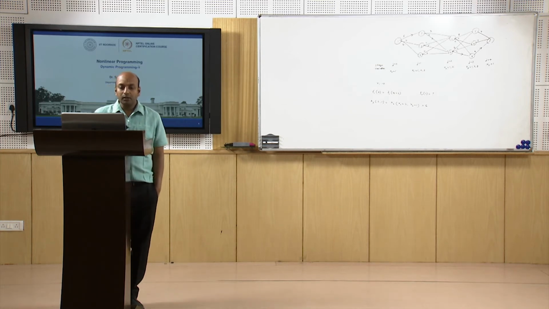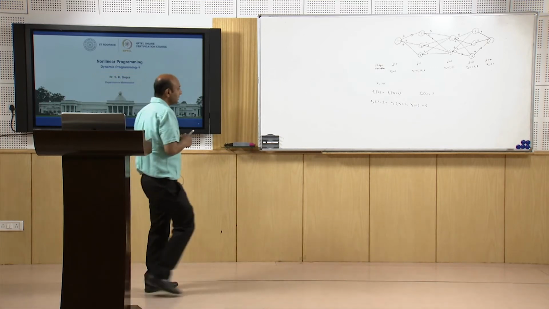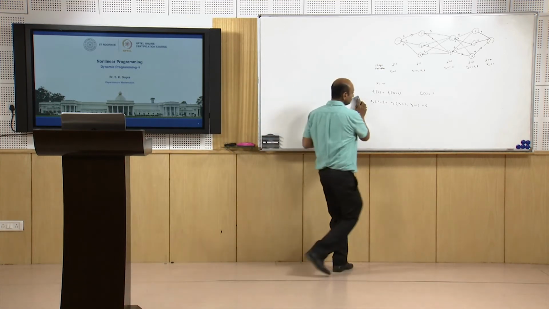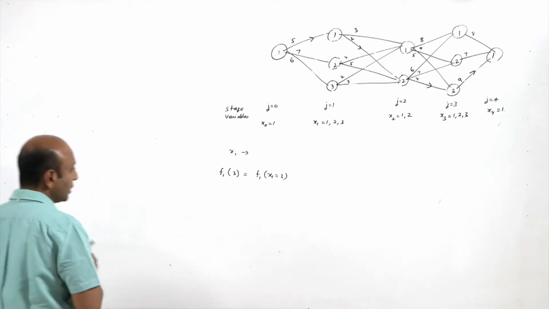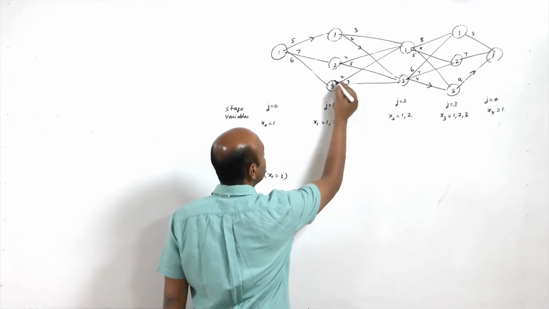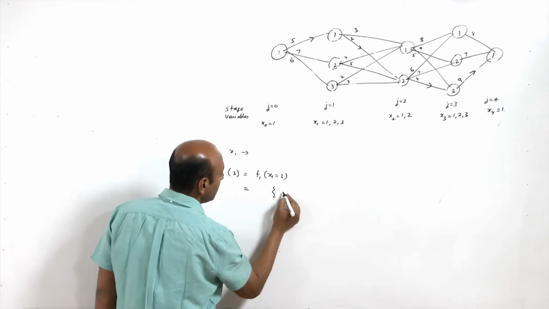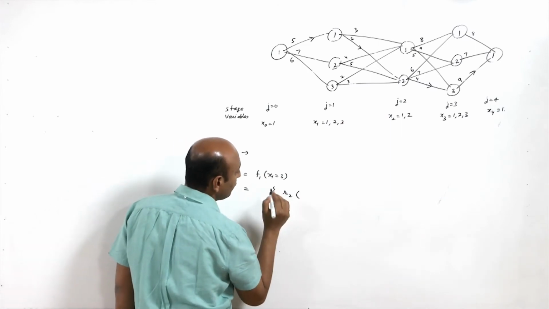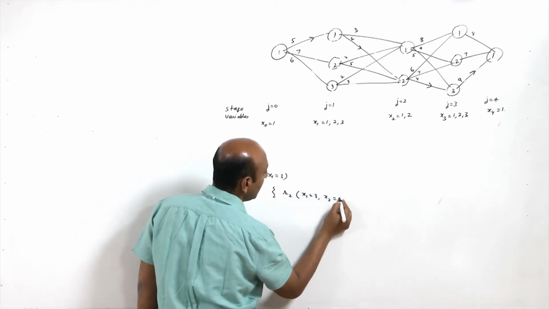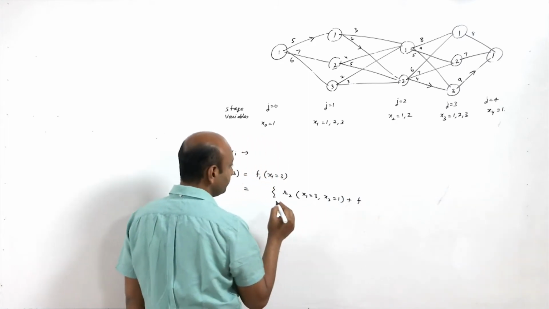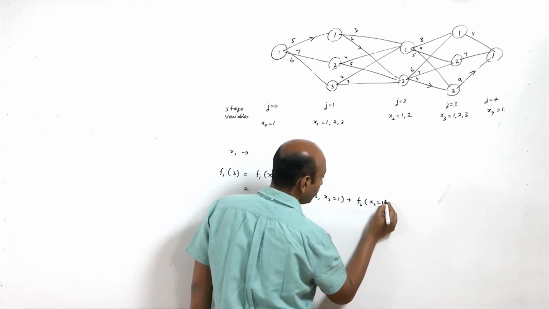Now how to find fj xj? Suppose you want to find f13, that is x1 equal to 3. First you compute this length, that is r2 of x1 equal to 3 and x2 equal to 1, plus f2 of x2 equal to 1.